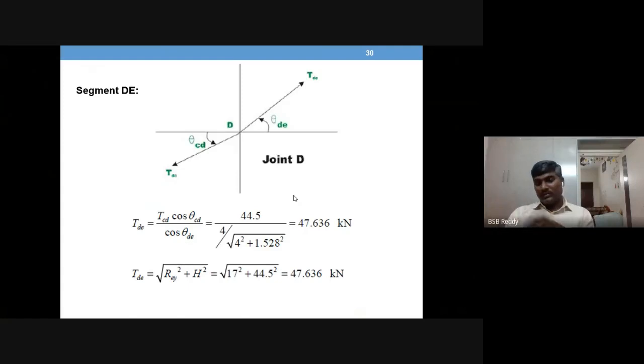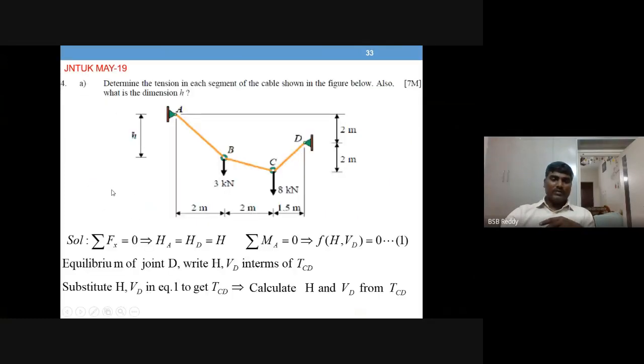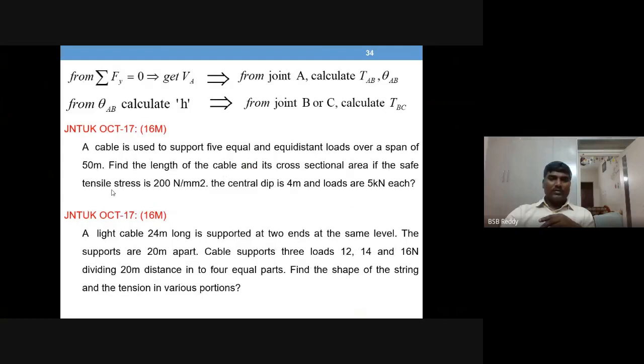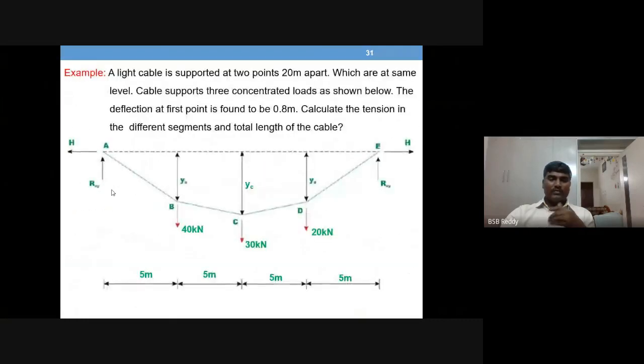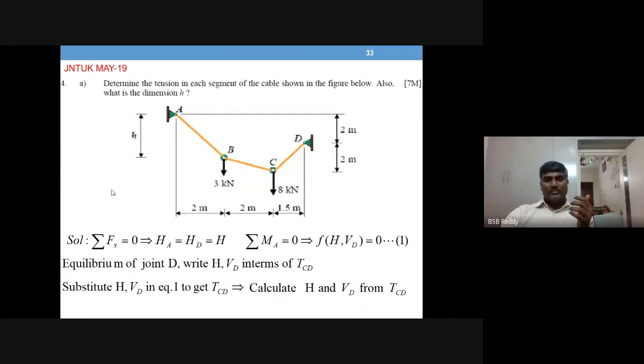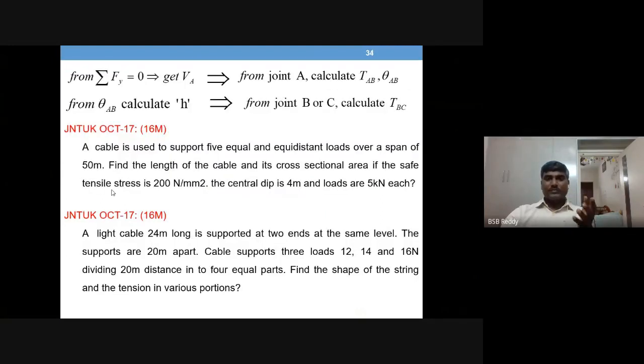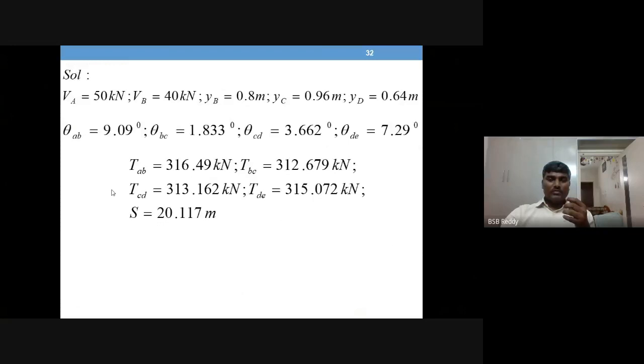And practice the simplest example that I have told you, so that you will get command over cables with point loads. We will come back in the next session with still some more problems. So let us try to solve them also.